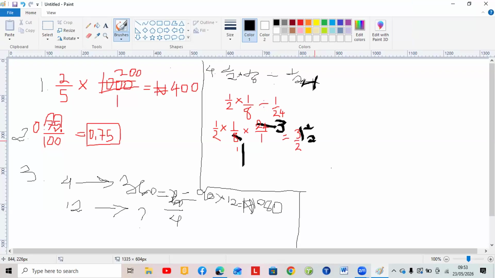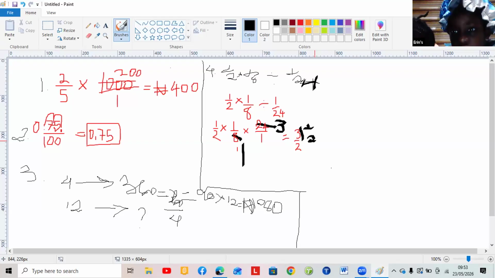This question, are you sure about it? 1/2 times 1/8. Let me see. If there's no answer, let's just quickly write down the question and write down our own answer and move on. Let's not waste time over it. Sir, everyone is still saying that the answer is 1/3.